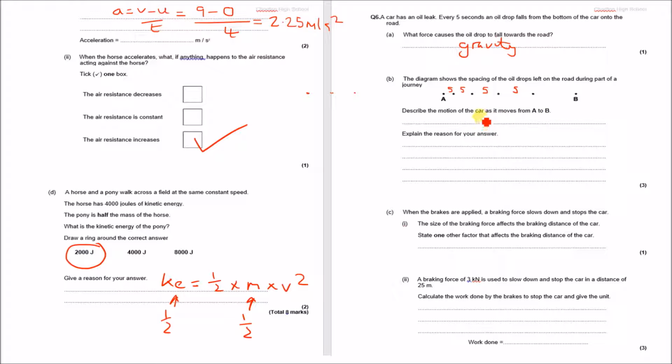So what must be happening? It must be accelerating. And why is that? It's because the drop spacing increases, so the distance travelled per drop increases in the same amount of time.